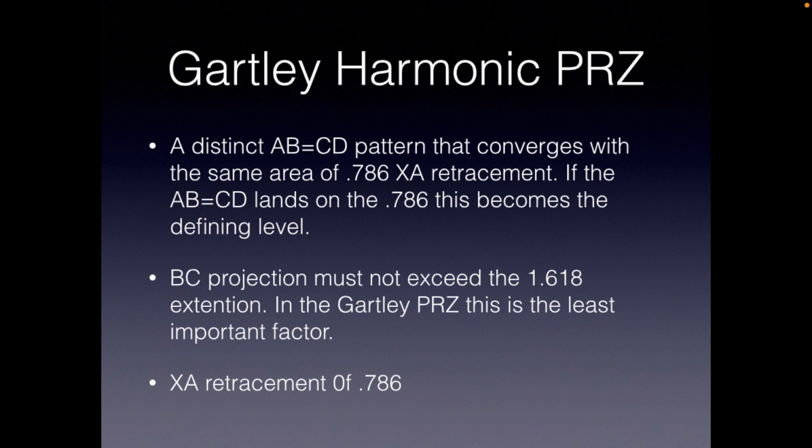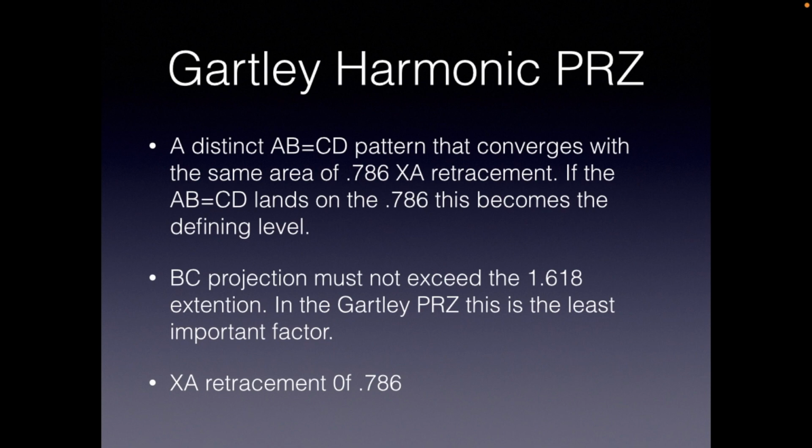If you have a little bit of variation, then we will look at the BC projection, which must not exceed the 1.618 again, and we will combine that with the ABCD and the 0.786 retracement, and that will become our PRZ zone. Now, generally we want the PRZ zone to be completely played through, but if the AB equals CD lands right on the 0.786, it doesn't need to be.